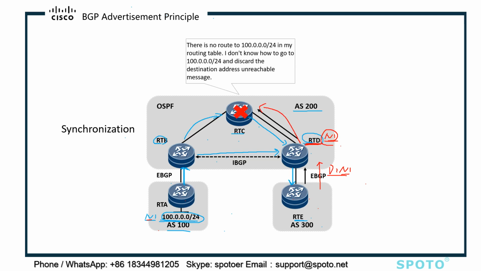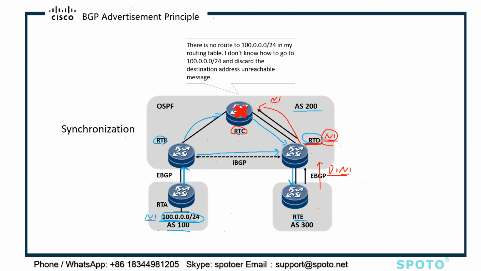When RTC receives it, a problem will happen, because this packet's destination is network 1. When RTC receives the IP packet, at first RTC will check the destination of this packet.